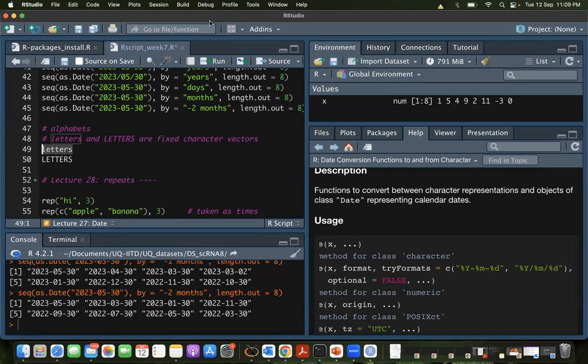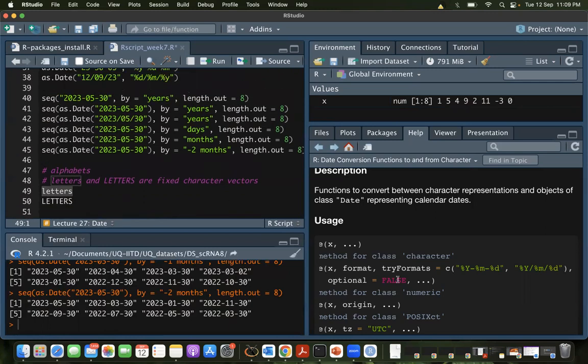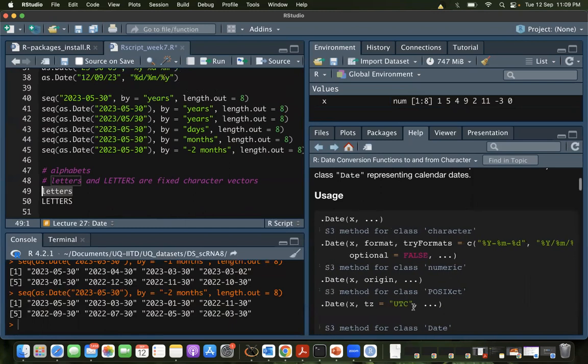Any question? One interruption. Yeah. Can you change the format of the date, like output date? Okay.